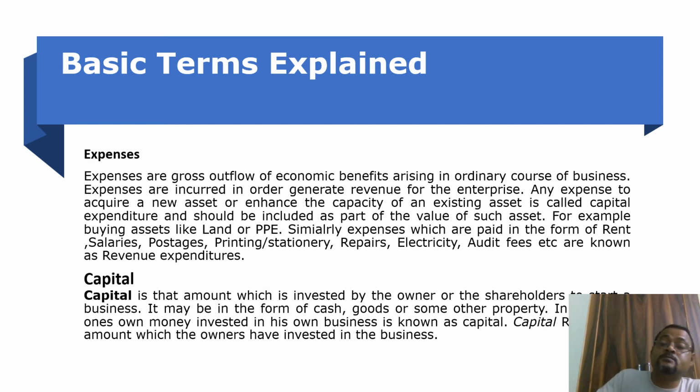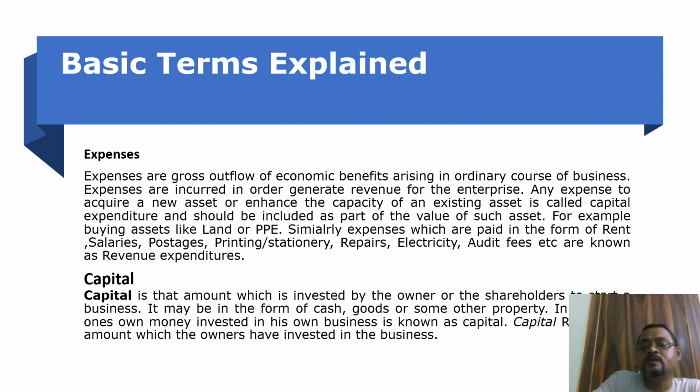However, expenses can be of two types. If expenses arise in the ordinary course of business, like salary, wages paid, electricity bills paid, postages and stationery, they are known as revenue in nature because they generally don't stay at the end of the period. But some expenses, like the purchase of land, are not revenue.